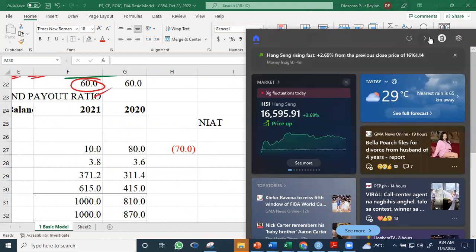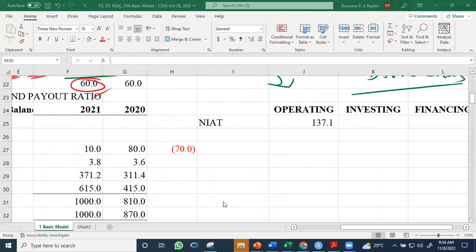However, guys, is net income after tax equal to cash? Kindly chat, please. Yes or no? Is net income after tax equal to cash? So when we say net income after tax is 137.1, does it mean that this is a cash amount?